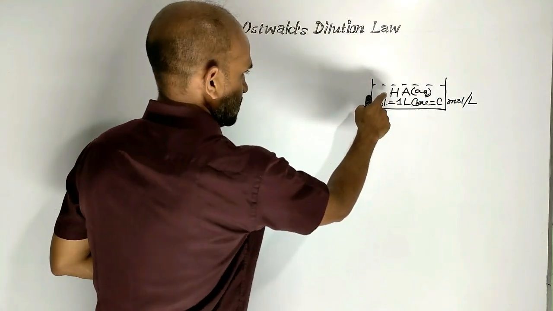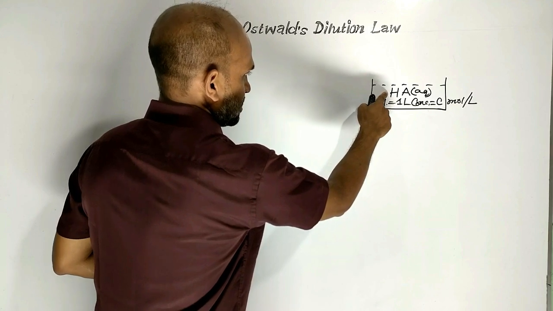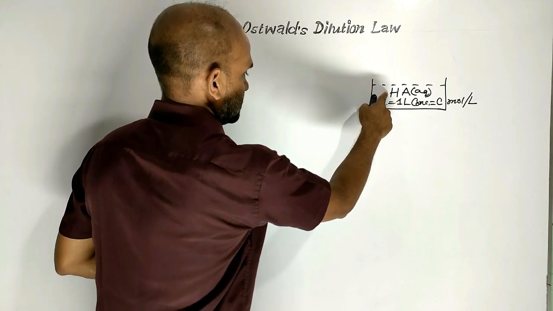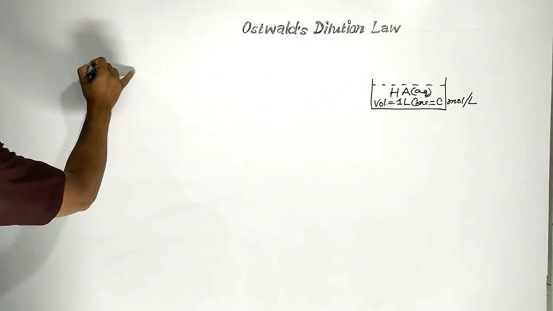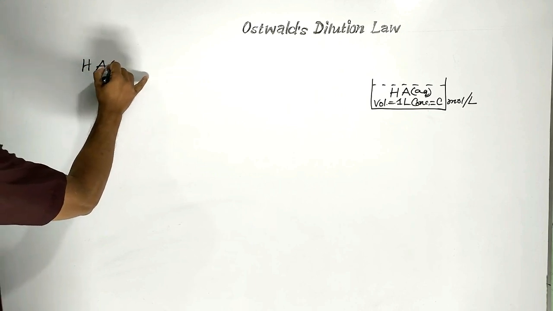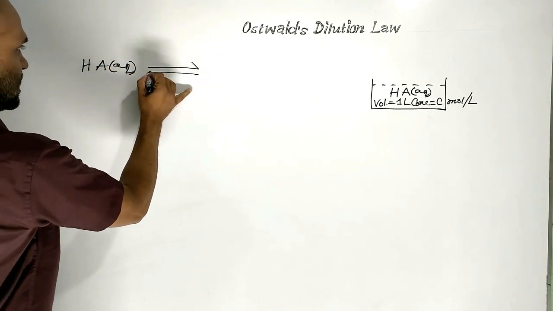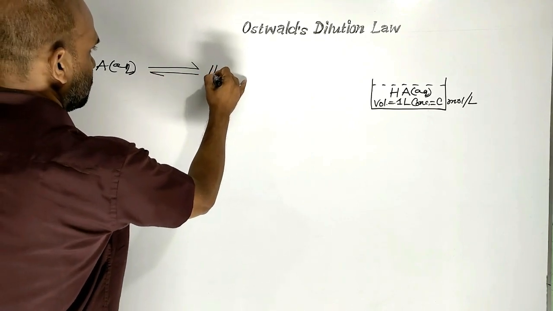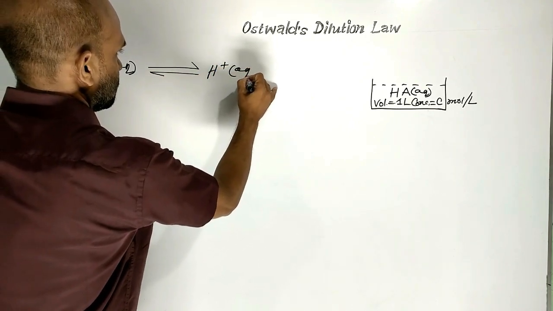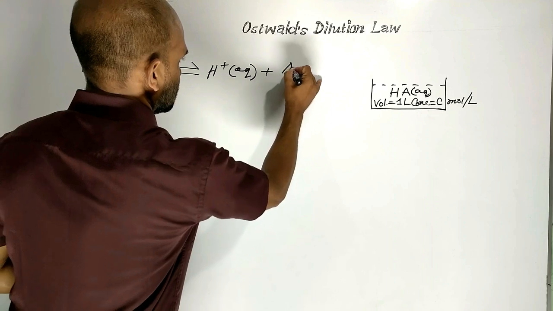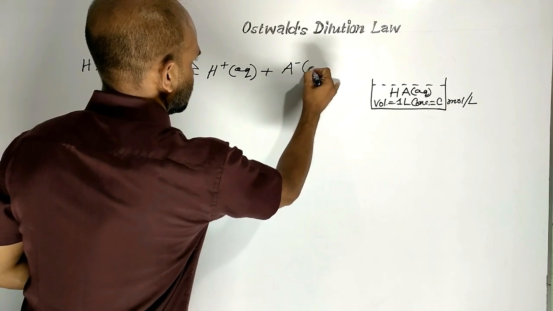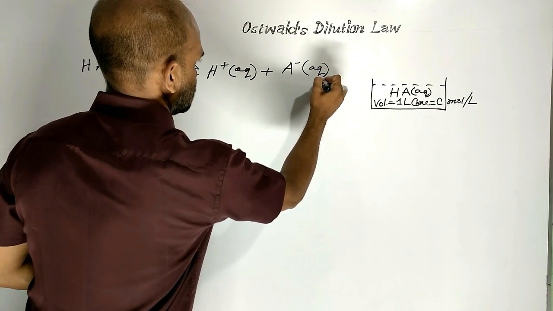Here HA, a kind of weak acid, ionizes partially to form proton and anion.